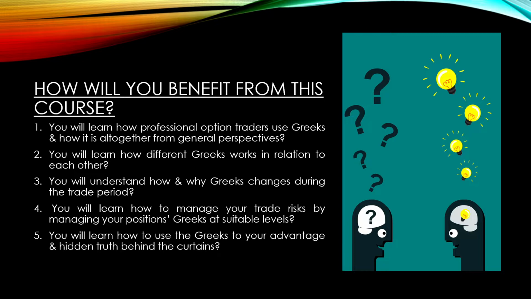There are majorly four different Greeks: delta, gamma, vega, theta. Everyone knows what they are, but very few people know how they interact with each other, how they are related with each other, and how they change with respect to time, or with respect to the changing conditions of the market. So you will learn that here.